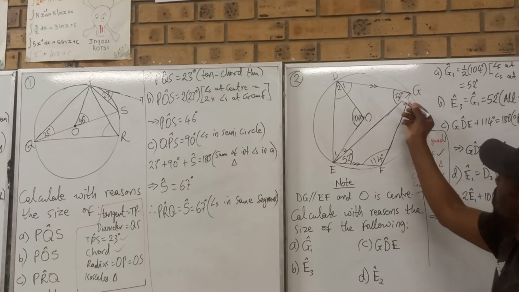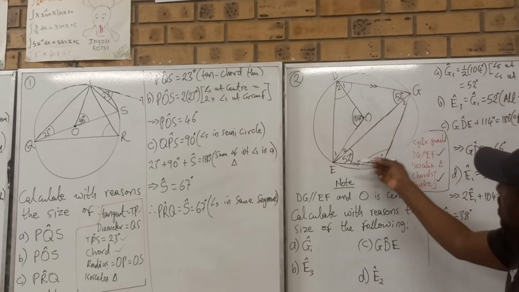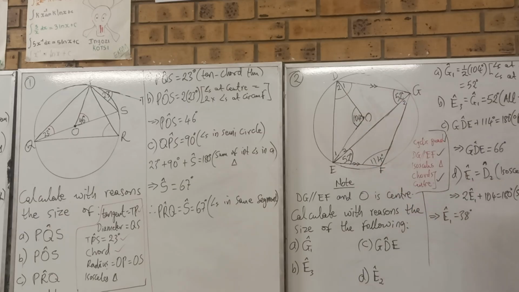So if I now work in a U, since EF is parallel to DG, I will be saying, therefore, GDE plus E1 plus E2 plus 52 is equal to 180. E1, we've calculated already to be 38.